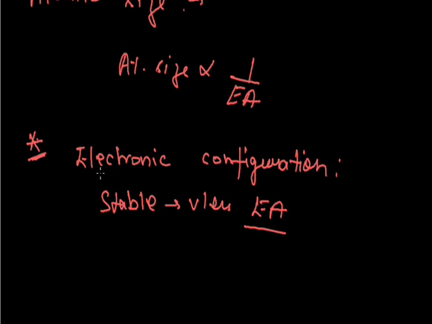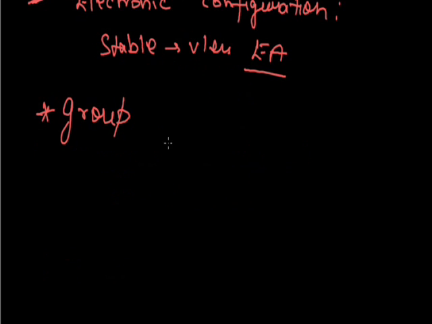When we see the trend of electron affinity in a group, it will be like this. On going down the group, the electron affinity will decrease. We can say that the atomic size is increasing, but the nuclear charge is also increasing.